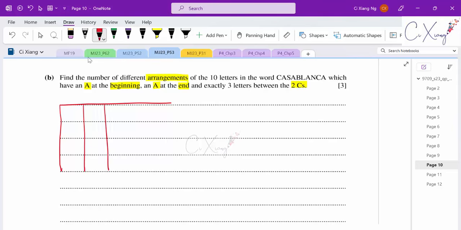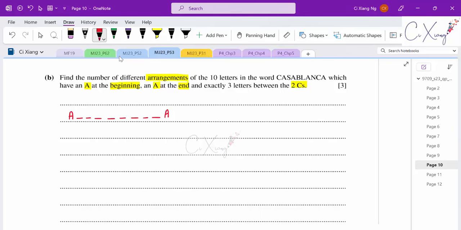Sorry, one letter extra. In total there should be 10 letters: 1, 2, 3, 4, 5, 6, 7, 8, 9, 10.